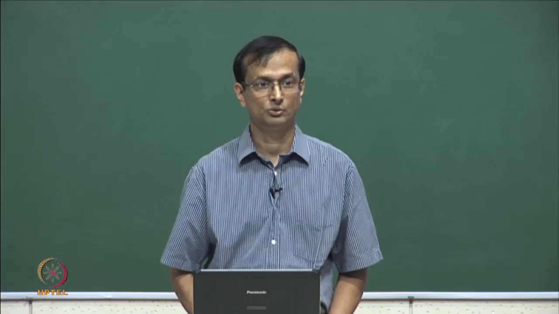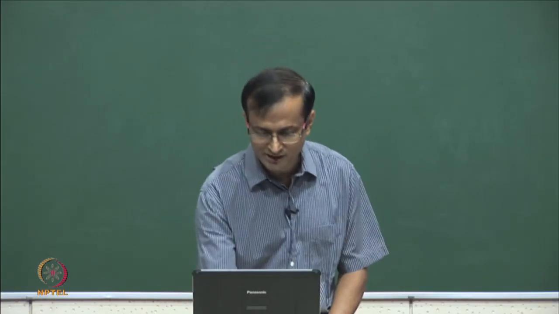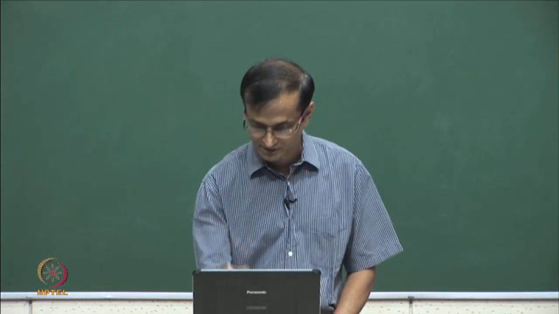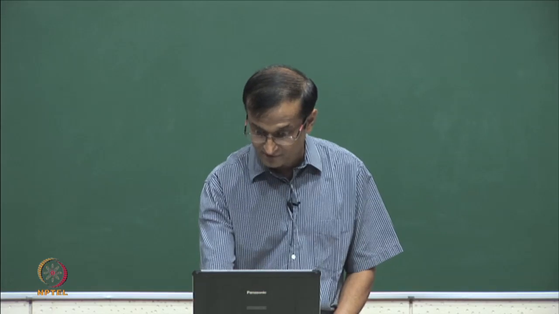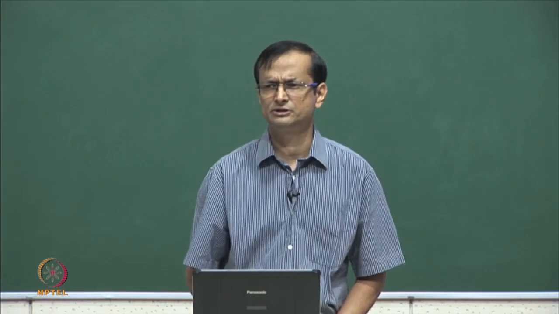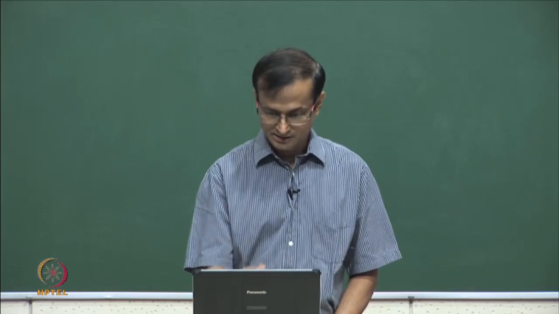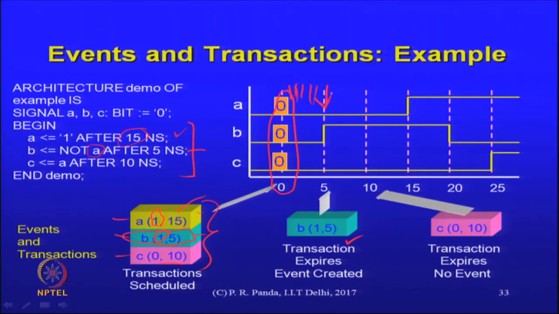No. Why? Actually, that value we have already entered here. So, the current value of A at 5 nanosecond is actually not relevant to this simulation. What is relevant is the value that we evaluated for B at the time that the transaction was created.